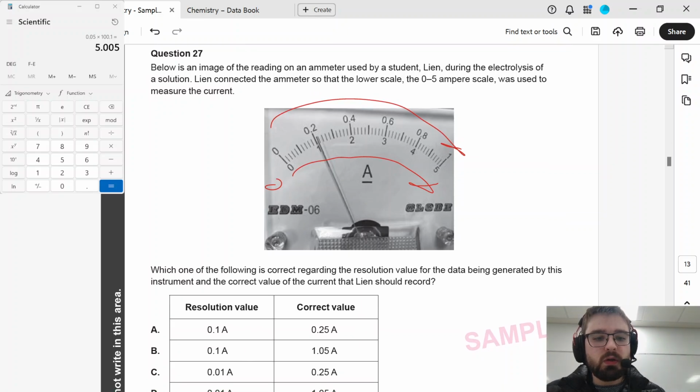So we're going to end up with one of these, and the correct value, interestingly, if the resolution is 0.1, you can't really make a valid claim to 1.05 anyway, I don't think.